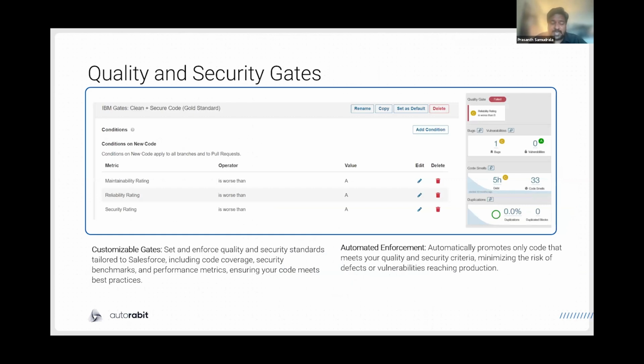The next step is to have strong quality and security gates. The gates that we offer in CodeScan are customizable and you can enforce them. Having these gates is a good way to stop garbage from coming in. So even if your model is generating garbage, you can create a system where you're able to catch it.